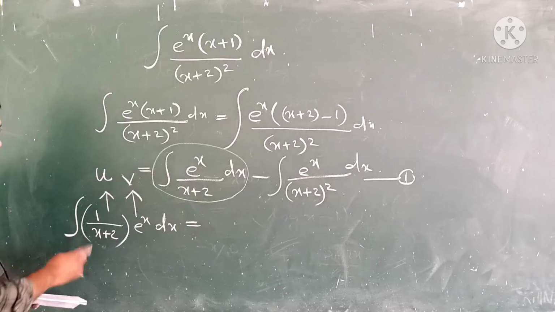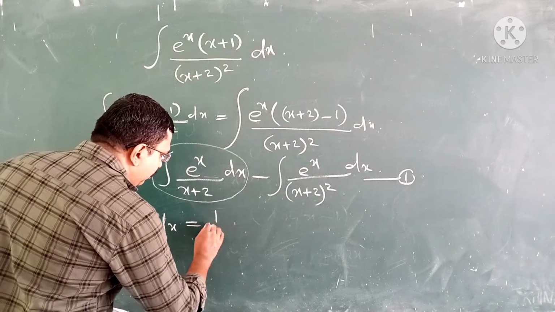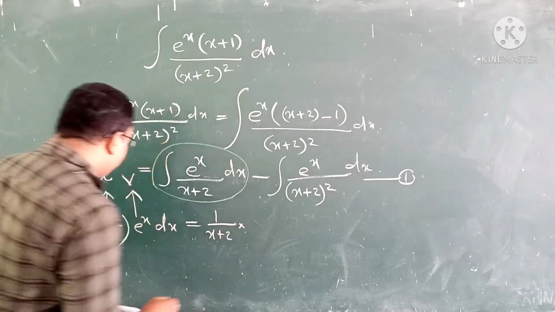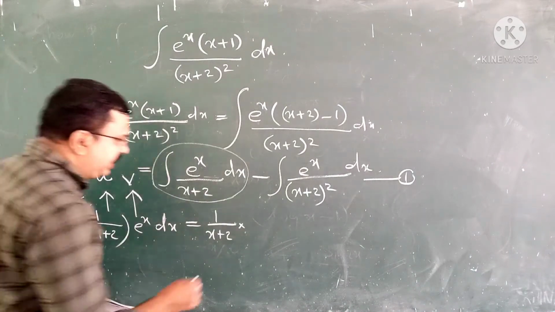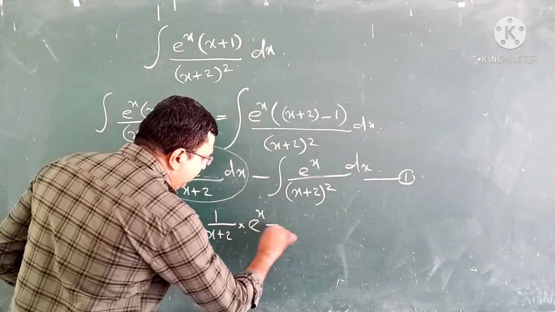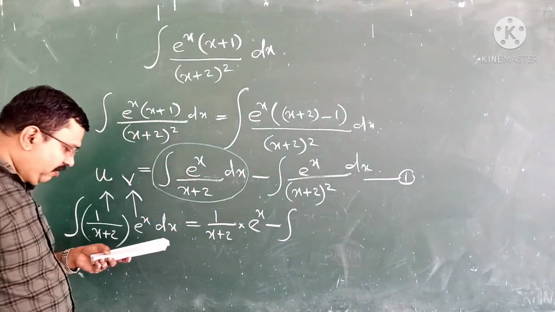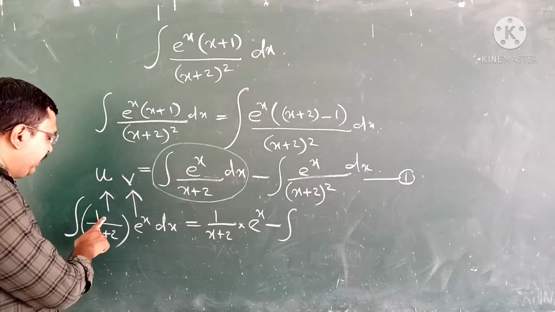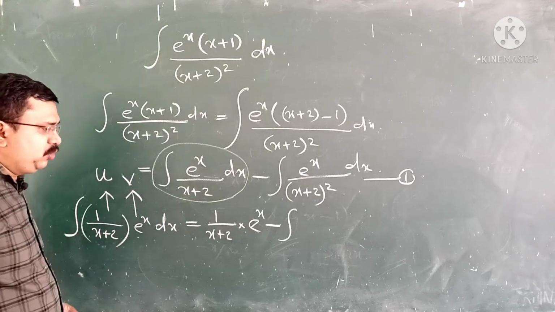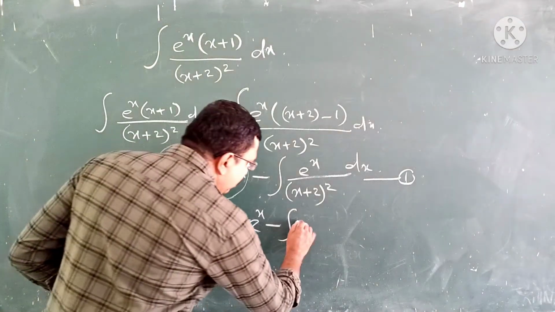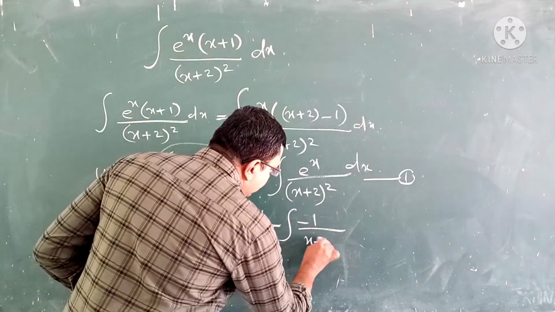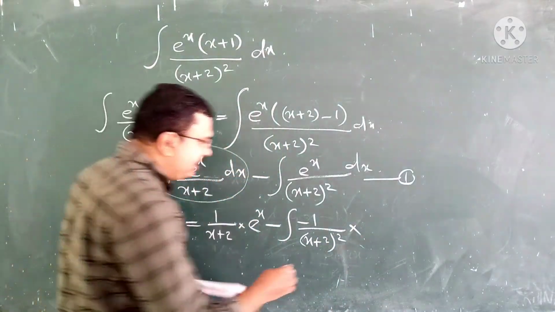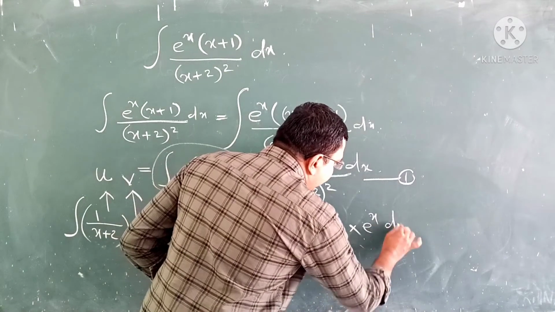This can be written as first function, 1 by (x plus 2), into integral of second function, that is e raised to x, minus integral of derivative of first function. Here 1 by (x plus 2), its derivative is minus 1 by (x plus 2) square, into integral of second, e raised to x dx.